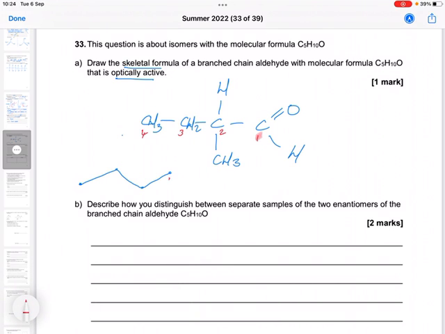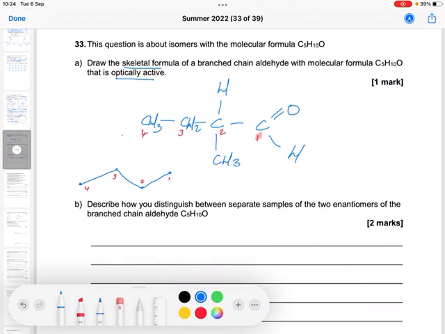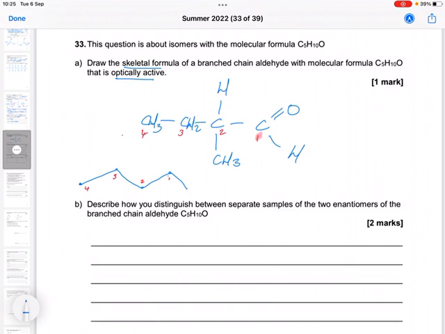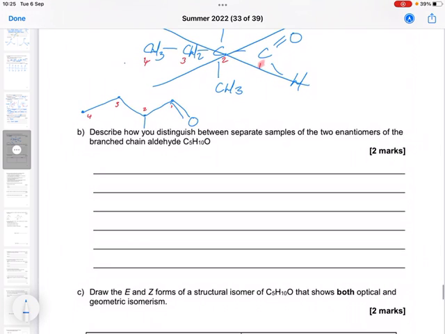So 1, 2, 3, and then 4. So on carbon number 1, I have a carbonyl group, so don't put the hydrogen on there. Remember that skeletal doesn't show the hydrogens. And then on carbon number 2, I have a methyl. And again, that's my working out. So I just need to leave that there like that. Cross it out, make sure it's not marked.